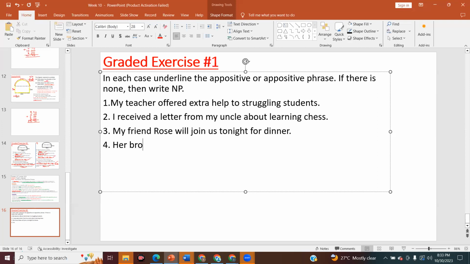Her brother, the river, a natural wonder, flows from, or flows through the valley. The river, a natural wonder, flows through the valley.